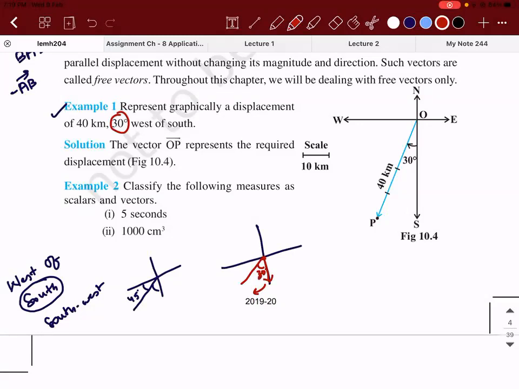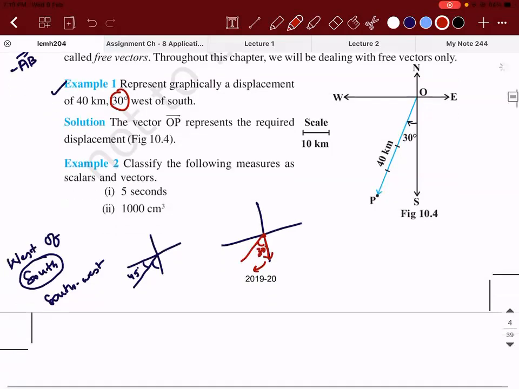That is the meaning. You should start along the direction which is there after the word "of". So you start from south, and from south you take a turn towards west. That's what we call 30 degrees west of south.